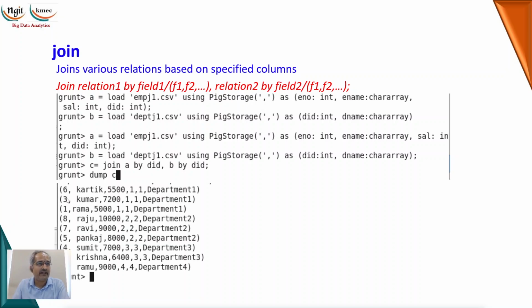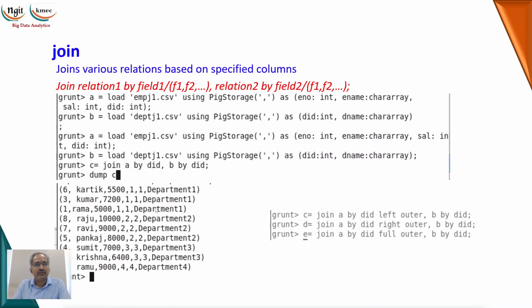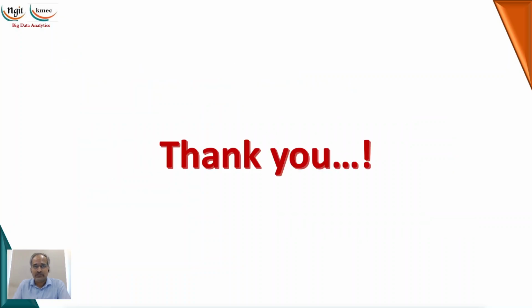So if you see, we are getting 6, Karthik, 5500, 1, 1. These two are the department IDs, and the department name is also given. Department name is available in the department table. So like this we can combine them, and in the similar way we can perform left outer join and right outer join also. Okay, this is the join operation.